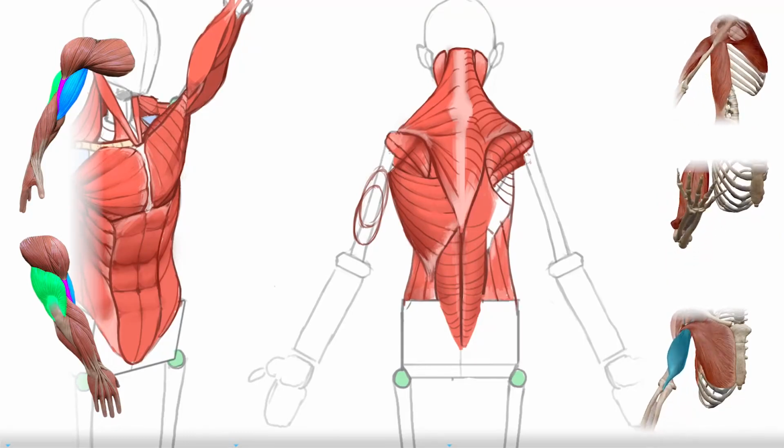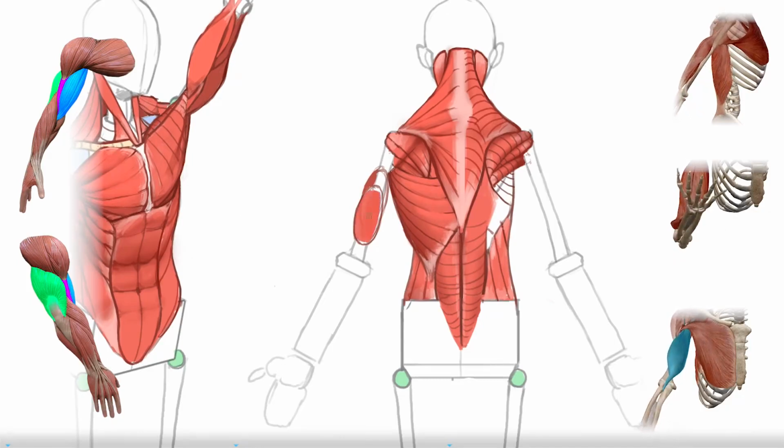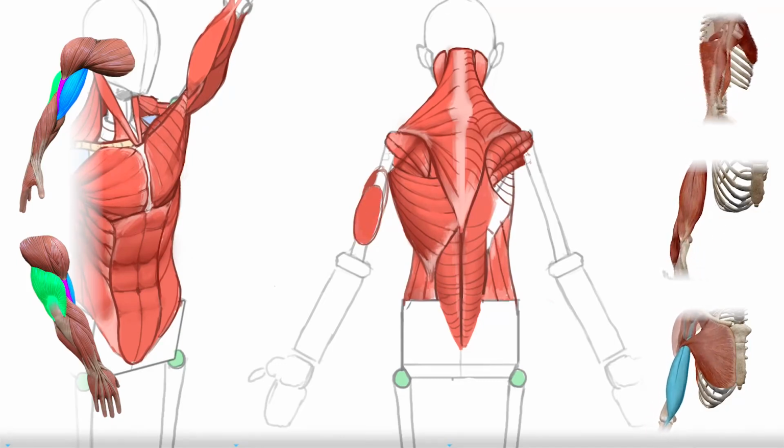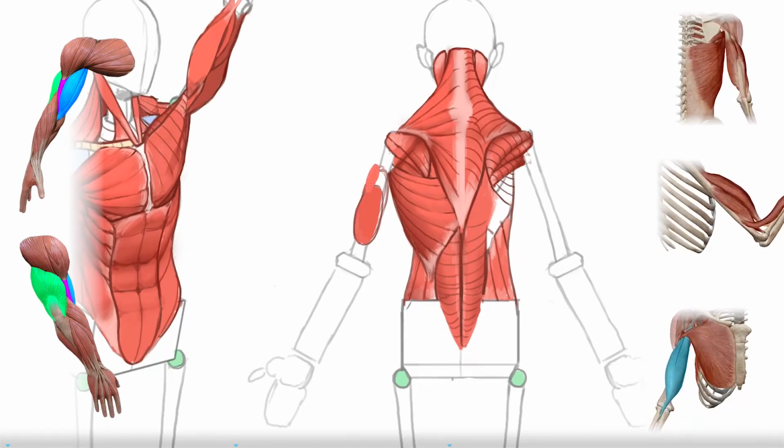So let me start to use the color. We'll have this color here for the biceps, this darker color for the brachialis, and then the tricep itself is going to be pretty much over all of that. So we'll be covering pretty much everything. It starts a little bit higher here, like we know.